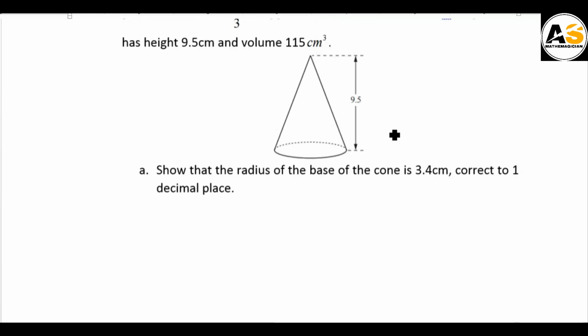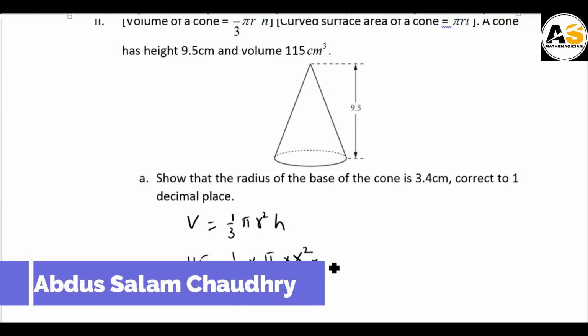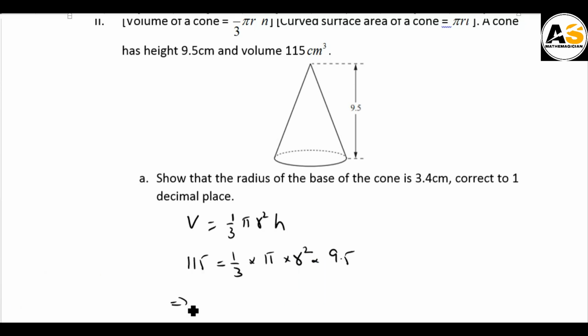In the first part, we have to find its radius. What is the formula for volume of a cone? Volume of a cone is 1 by 3 pi r square into h. We are given volume 115. This is equal to 1 by 3 pi r square, we have to find r. H is 9.5.